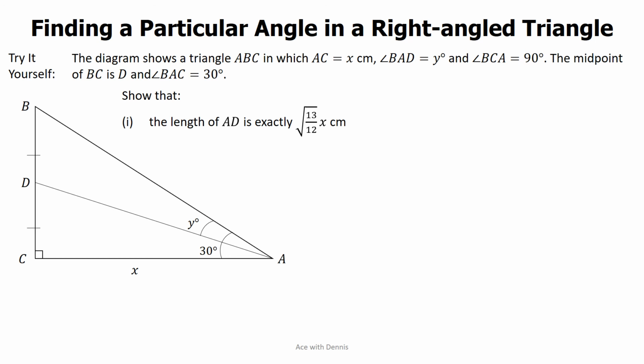Show that, number one, the length of AD is exactly root 13 over 12 x cm, and number two, angle y is 30 degrees minus inverse tangent of root 3 over 6. You can pause the video and try to solve it yourself first before I show you the solution.